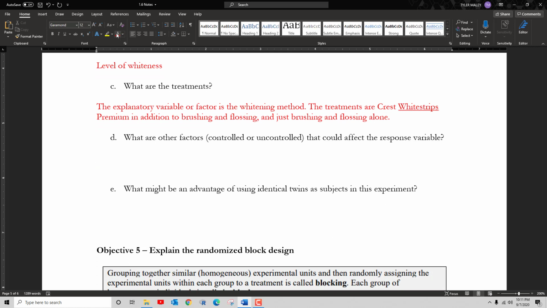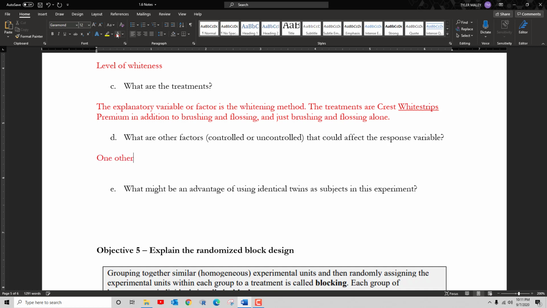Part D, what are other factors, controlled or uncontrolled, that could affect the response variable? Right, so if you think about what are some other things that could affect the response variable, which is the level of whiteness. So, one that comes to mind is diet, right?